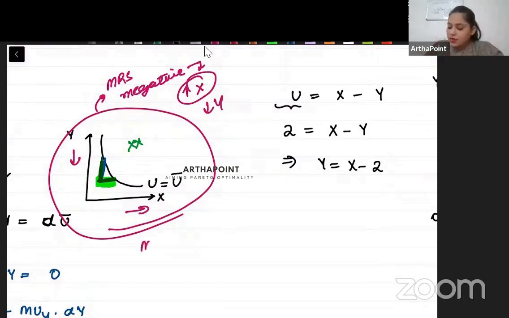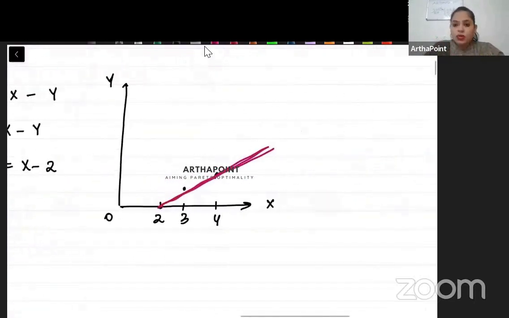So if I say my MRS XY is 2, it tells me the rate at which I substitute one good for another. Here, if you notice, then substitution is very different. It's very positive. Why? Because when I increase 1 unit of X, I am able to increase 1 unit of Y. When I again increase 1 unit of X, I am able to increase 1 unit of Y.